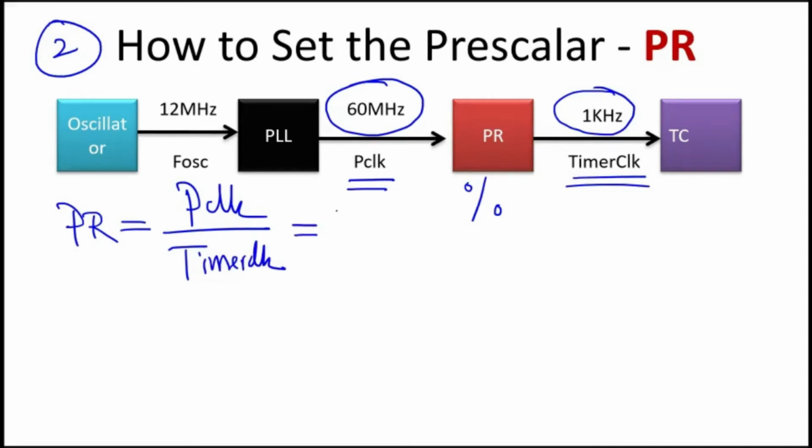Let us say, for example, the peripheral clock is 60 MHz. I want the timer clock to be at 1 kHz. Why 1 kHz? So that it takes 1 millisecond for 1 cycle. So the timer takes 1 millisecond for counting 1 count. That is because it's the most preferred delay generation time slot.